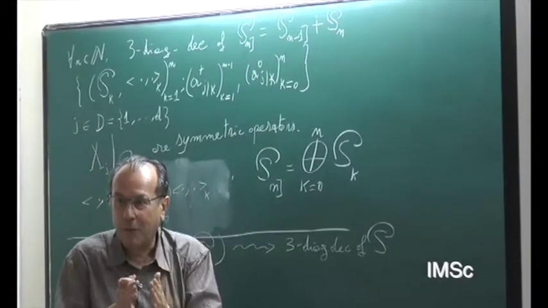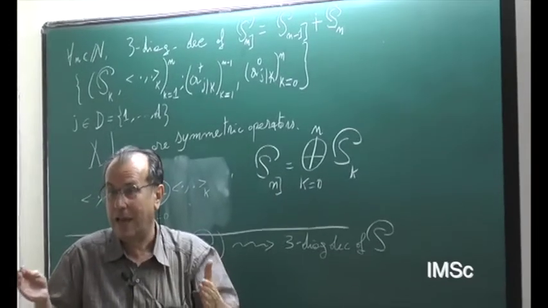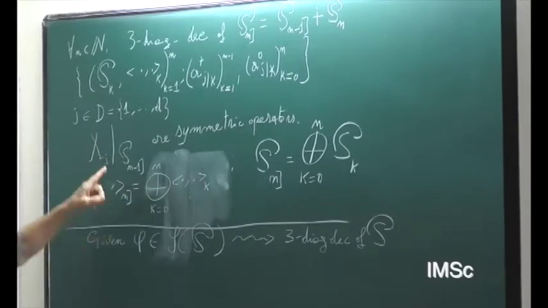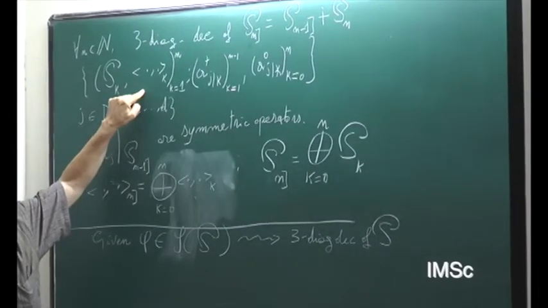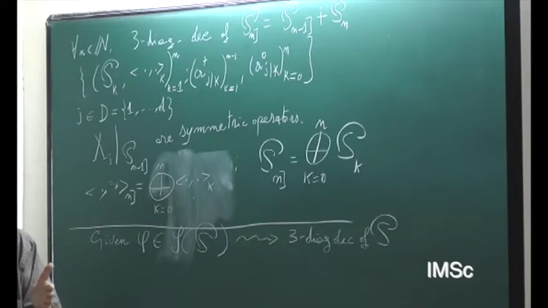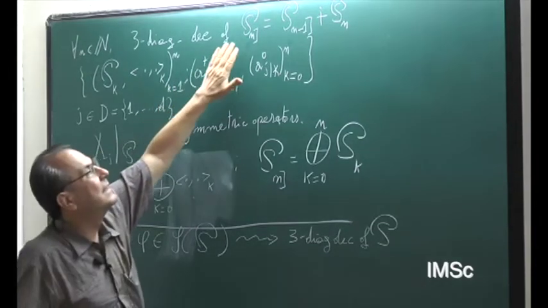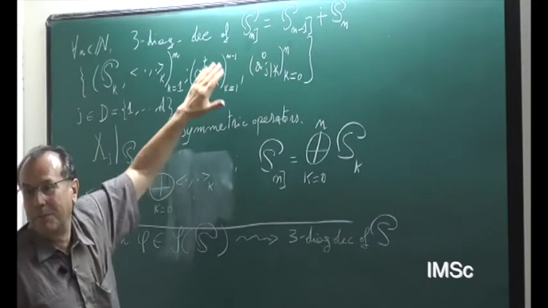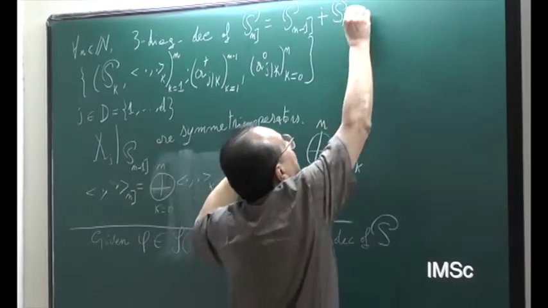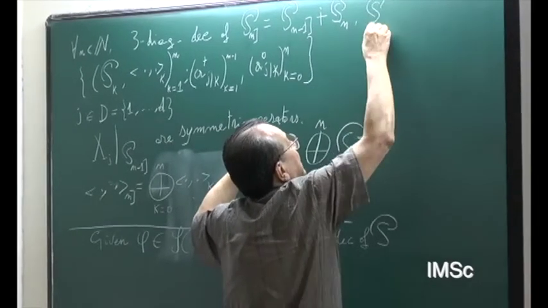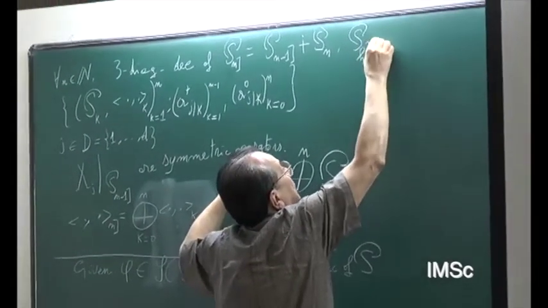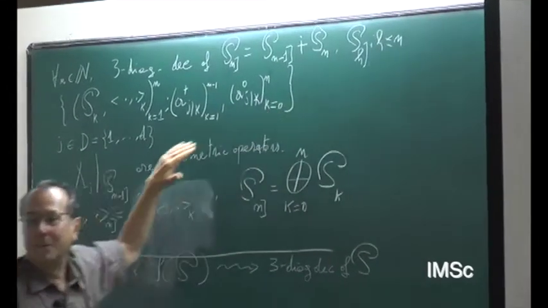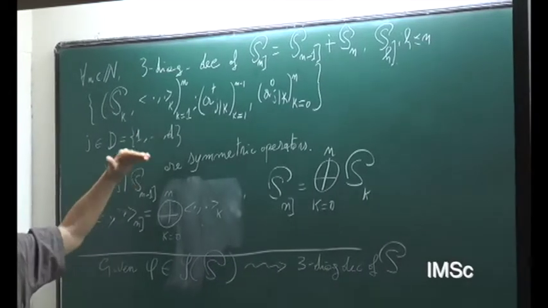Now imagine that for each n, I give you such a three-diagonal decomposition with the compatibility condition that the restriction of the three-diagonal decomposition on P_n, on all p_h with h less or equal than n, are obtained by restriction of the scalar product and the decomposition.